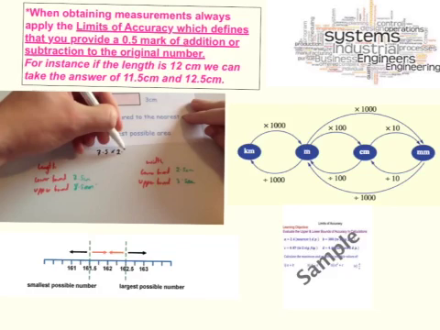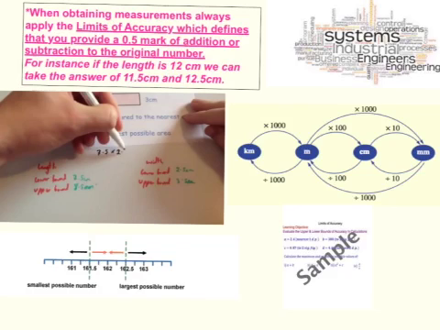For instance, if the length is 12 centimeters, we can take the answer as 11.5 centimeters to 12.5 centimeters. There can also be another example. If you find that the tube is 15 centimeters, the teachers usually give the leniency of 14.5 centimeters to 15.5 centimeters.